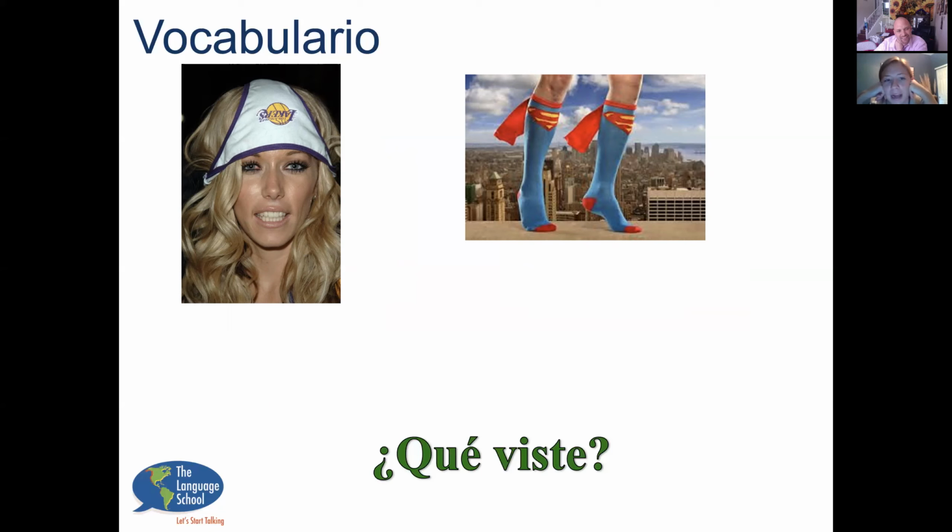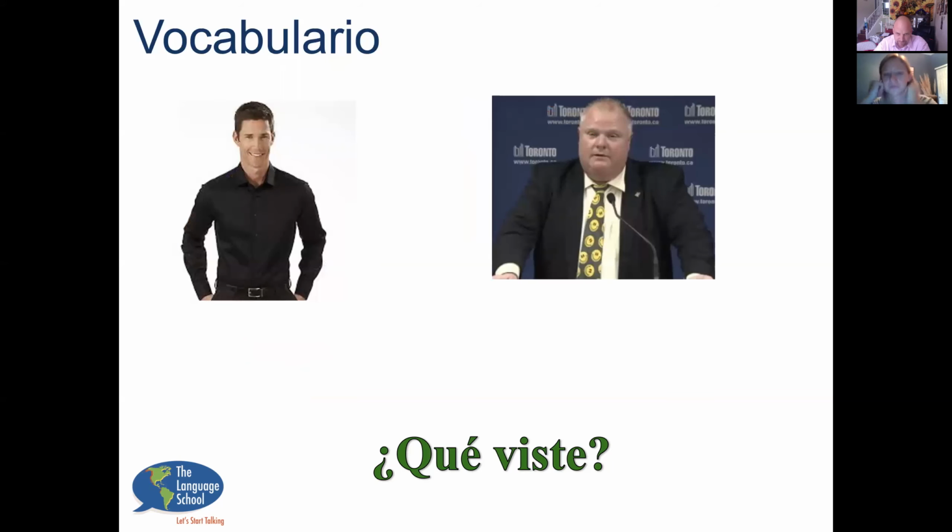Ella viste ropa interior. In English, we just say she wears underwear. Okay, so no article, not an underwear. Yeah, exactly. Y a la derecha, él viste unos calcetines. Muy bien.